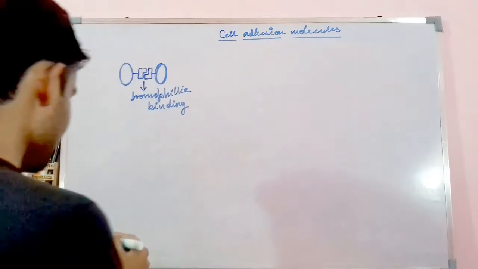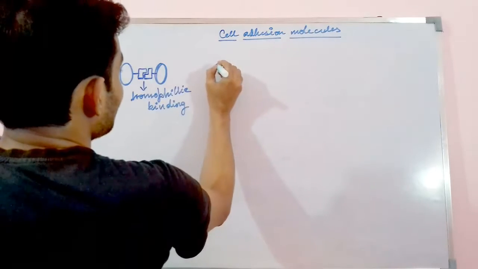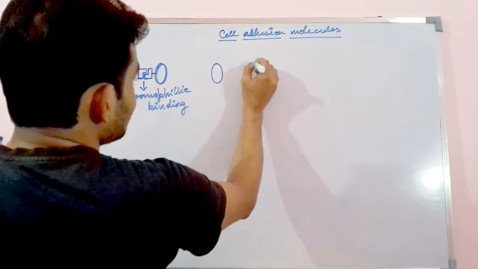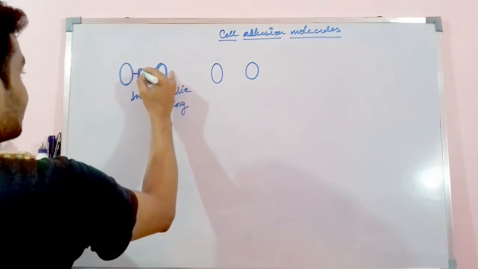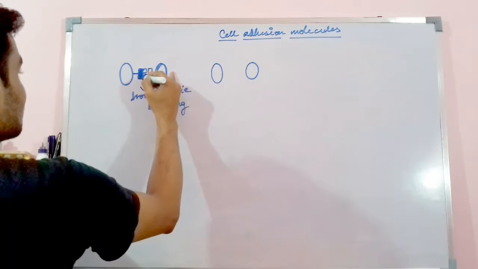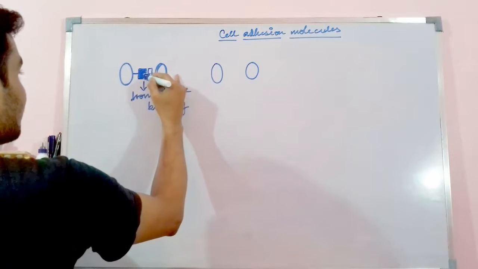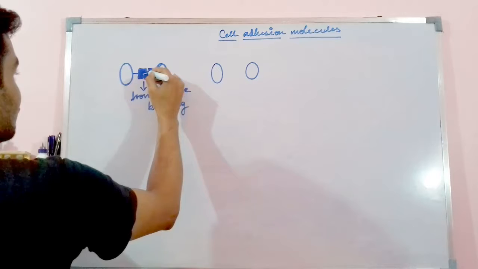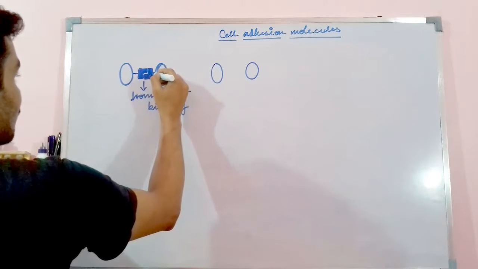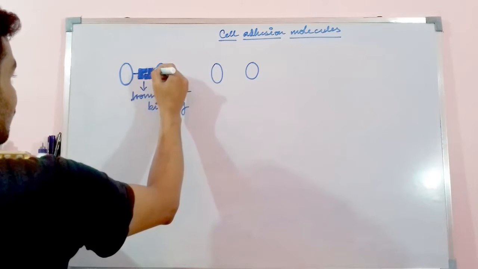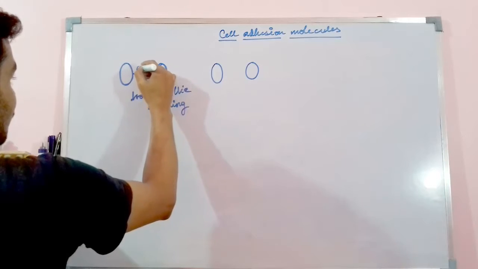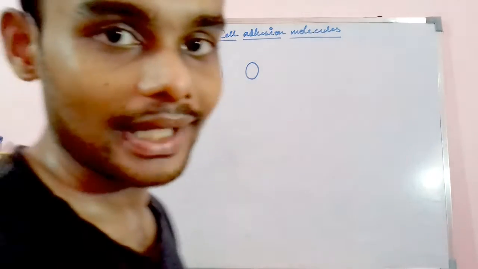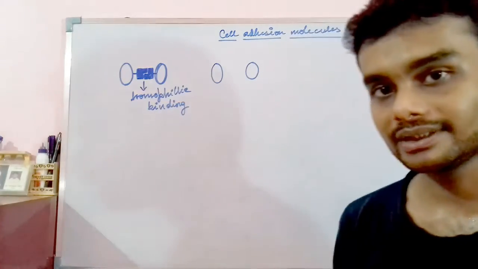In case of heterophilic binding, let us consider again two cells where the binding molecule was similar to each other. In this case, the binding molecules or binding proteins are dissimilar to each other.